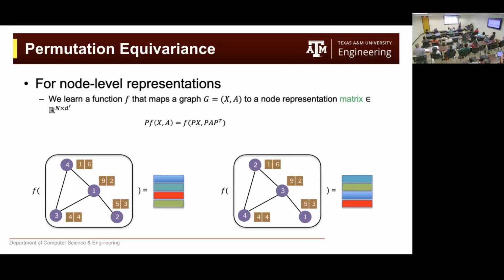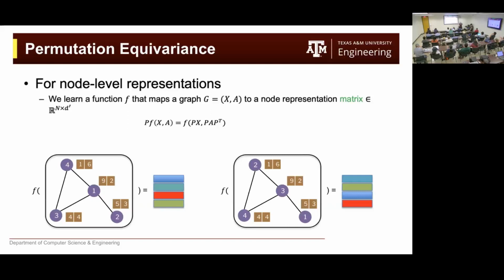If you apply F on the original graph, you learn a representation. That is equivalent to applying the permutation P to the input, learning a representation, and then P being applied to the output.